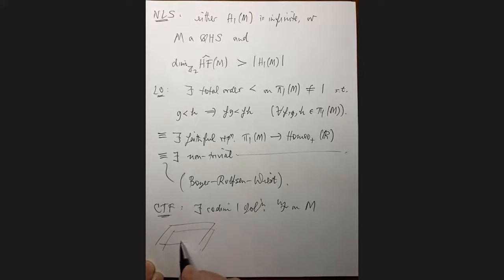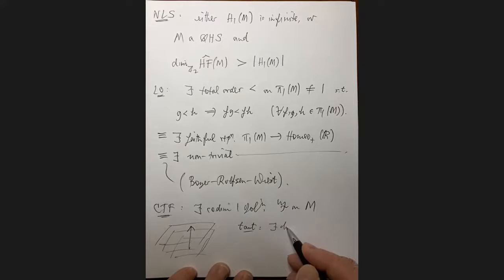Let's say the leaves are oriented, and not only that, but you have a consistent co-orientation to the leaves. That's the co-orientable. And taut is just that there should be a loop in M that meets every leaf transversely.